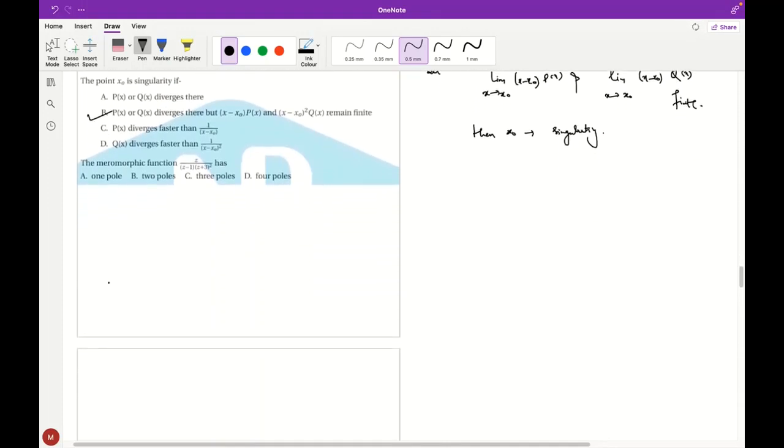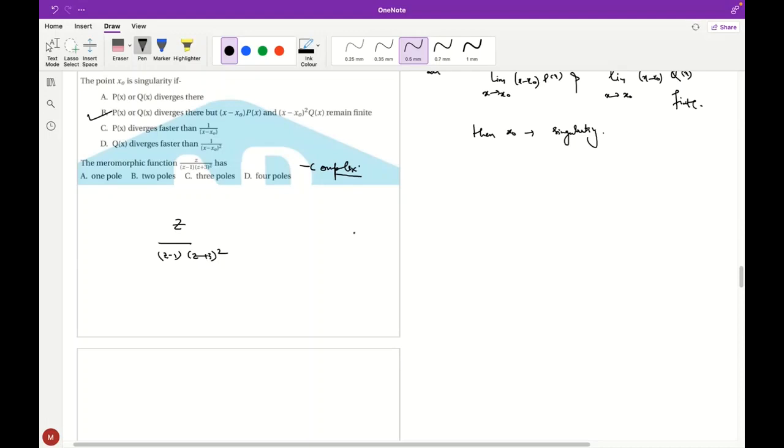Now see, this question is from complex analysis. So we know that z over (z minus 1)(z plus 3) square. What is the definition of a pole?